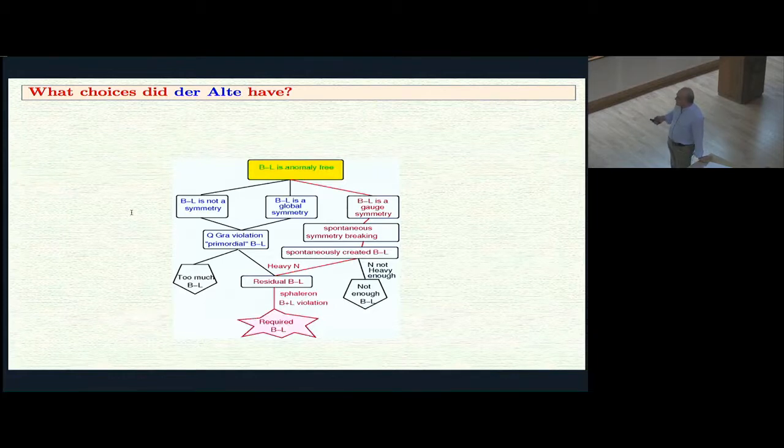What would be nice is this B minus L, which is the only conserved quantum number of the standard model which is not gauged. It should be a gauge symmetry, then it would be reasonably controlled and fit elegantly with other symmetries. It should be spontaneously broken, and then B minus L could be spontaneously created after it is broken in the vacuum.